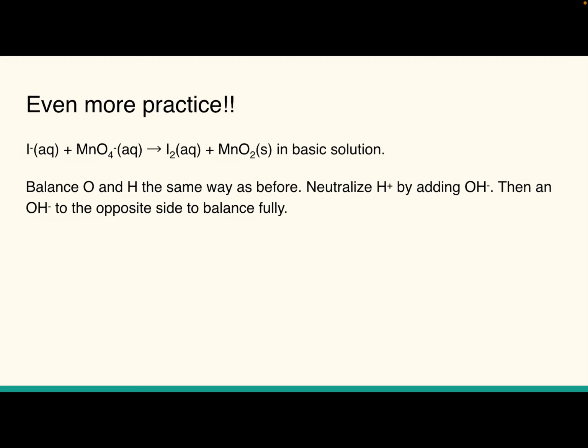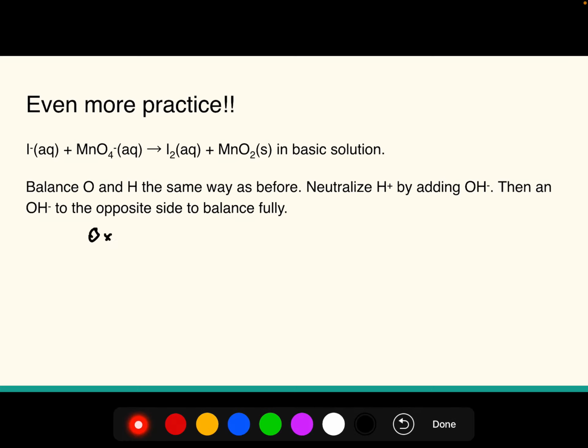Looking at a basic solution, we start by saying the iodine is going from -1 to 0, so it is losing electrons. So the oxidation part, we have I- going to I2. I need to balance that because it's not balanced yet, and then add 2 electrons.